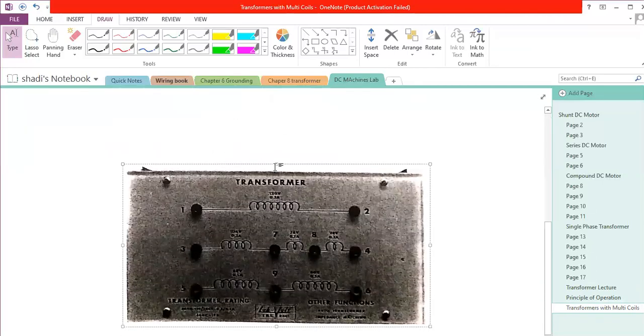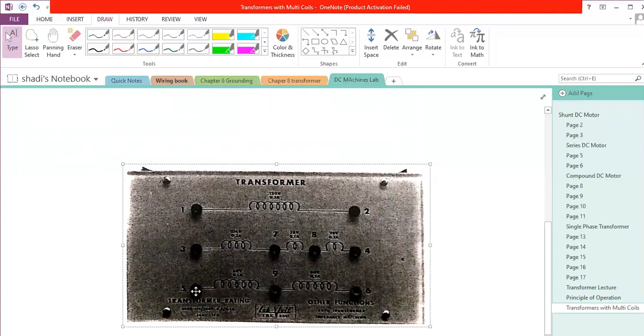The transformer we have in our lab looks like this. We have terminal 1, terminal 2, terminal 3 and terminal 4, and we have terminal 5 and terminal 6. For terminals 5 and 6, we have two coils, and in the middle we have terminal number 9.